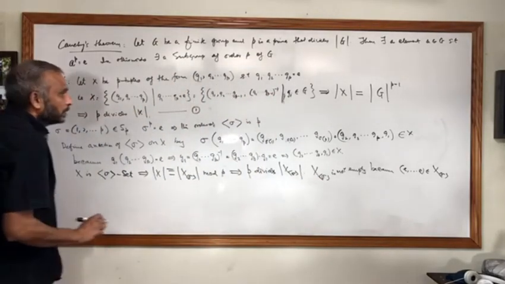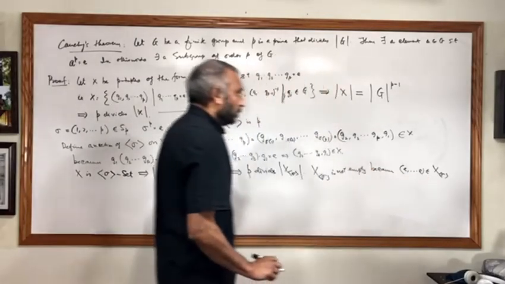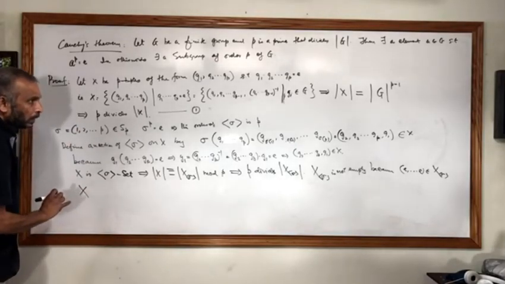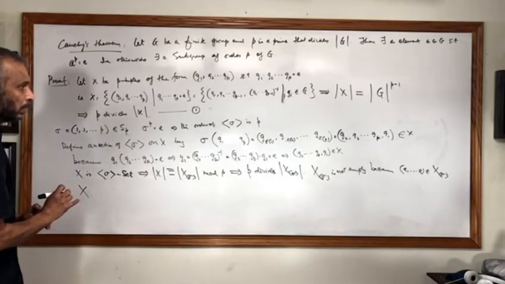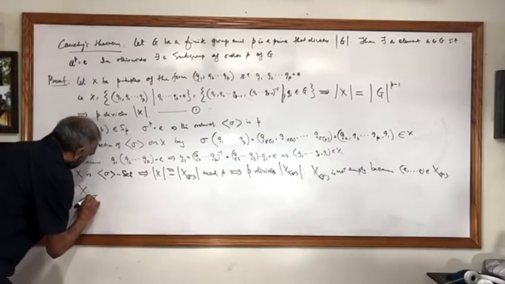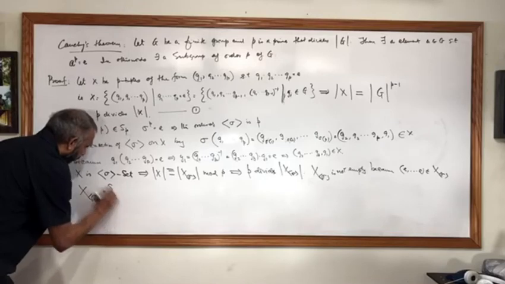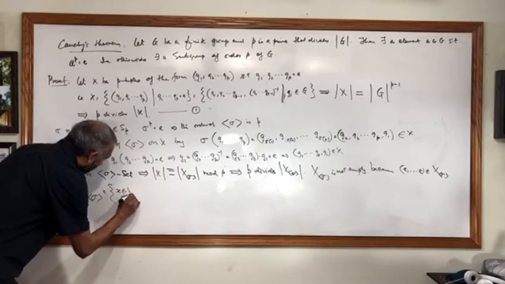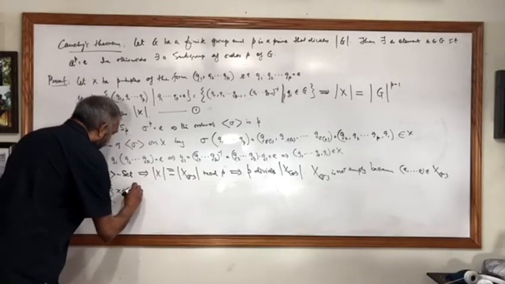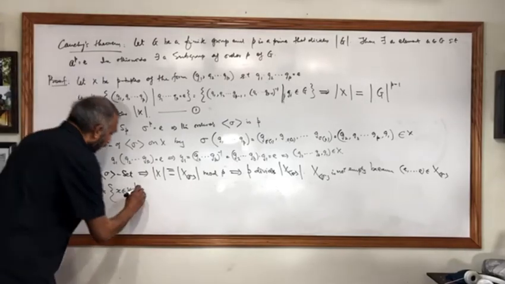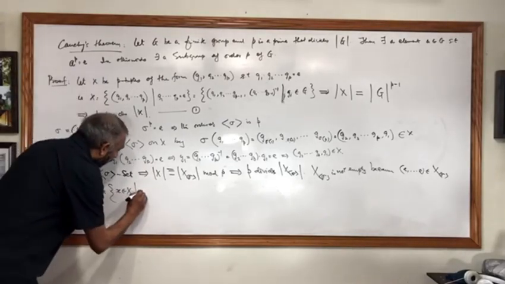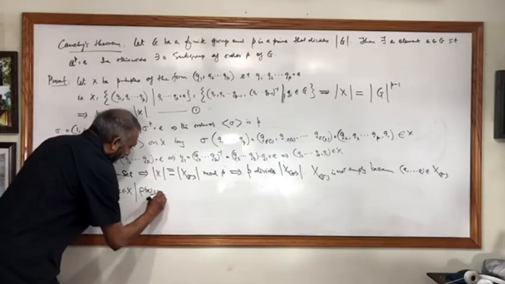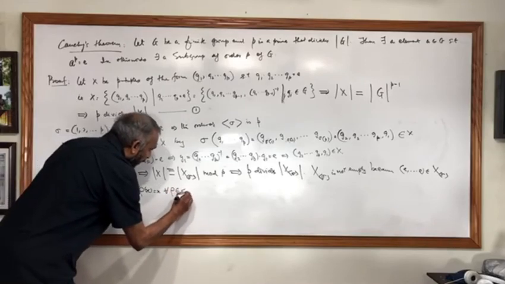So there exist some other elements here. So X^sigma is equal to the set of x belonging to X such that rho of x is equal to x for all rho in the subgroup.